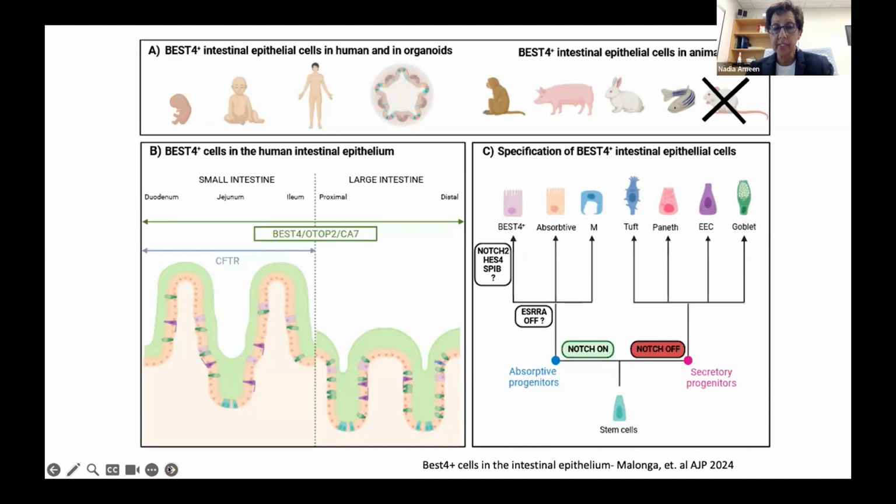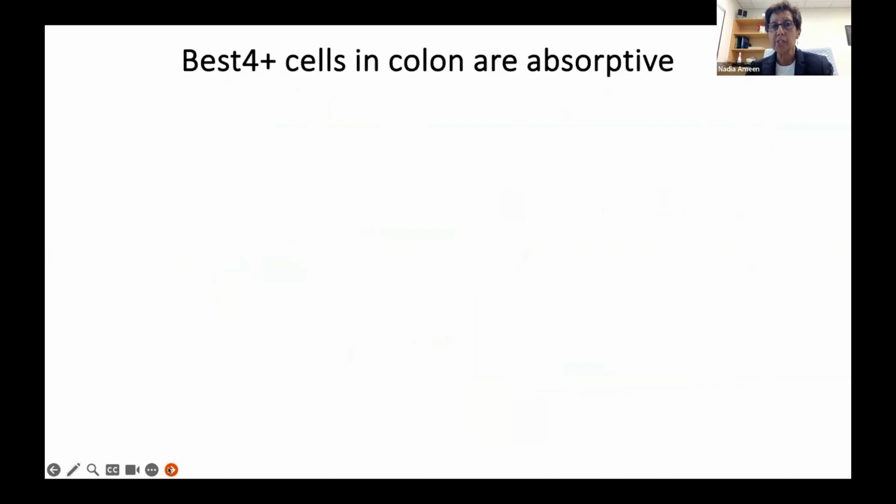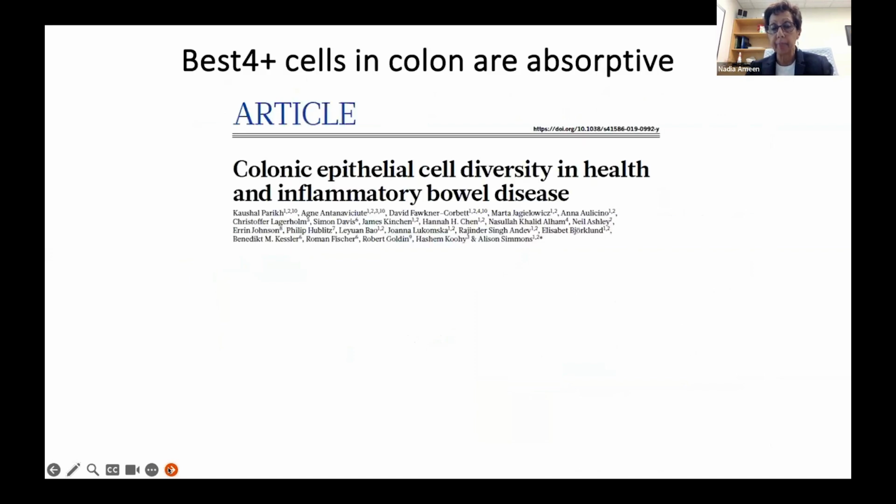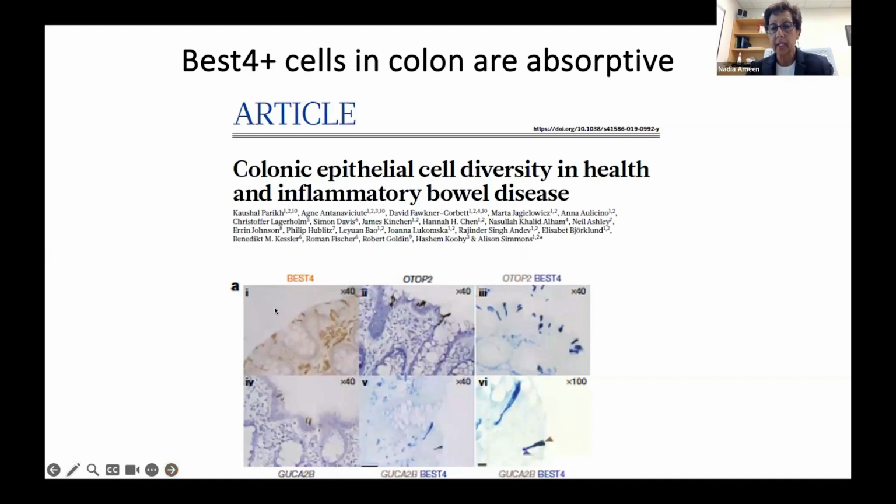But what is interesting is that these BEST4 positive cells in the colon are absorptive, as shown in a paper that was published previously. By localization, you can see in the colonic epithelium that these BEST4 positive cells express OTOP2, the proton channel, and bestrophin 4, and they are in the absorptive part of the epithelium.